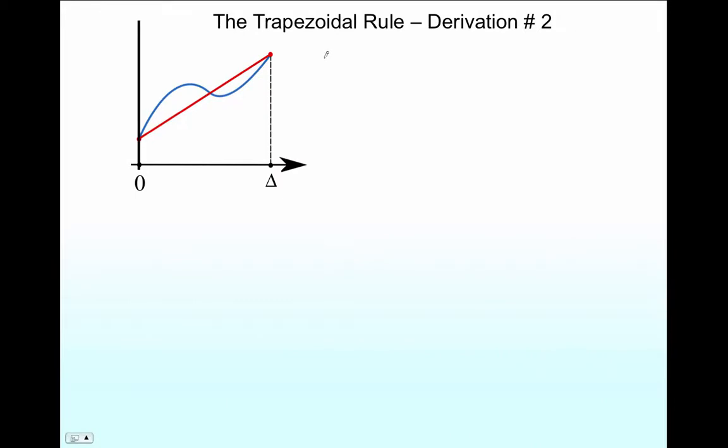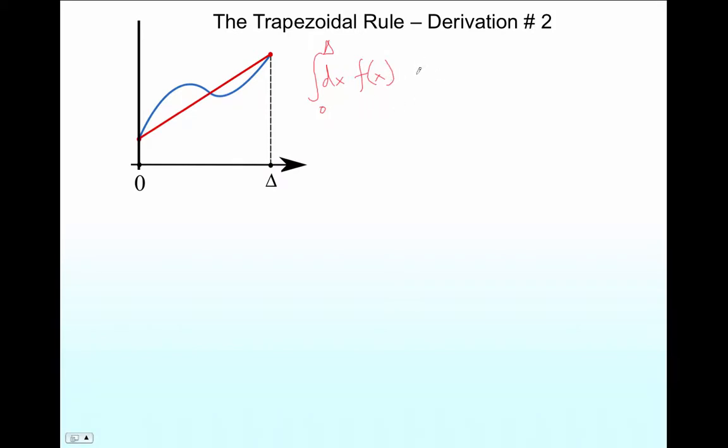Let me now come to the second derivation of the trapezoidal rule. For this, we need again the same integral, dx f of x between 0 and delta, but now I'm going to use Taylor's theorem to expand out f of x.